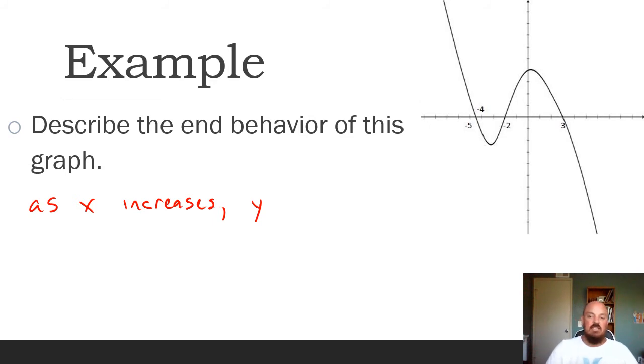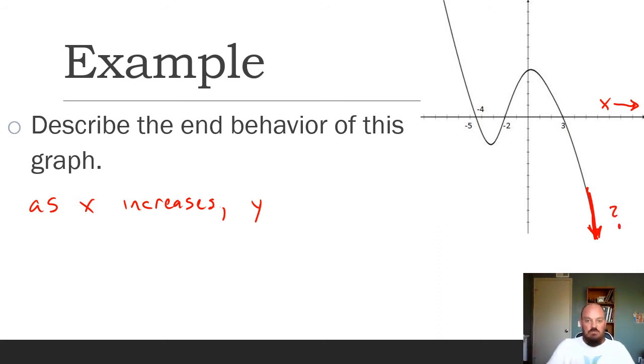Now remember, the x-axis is the horizontal axis. So when I say x increases, what I mean is we're going this way on the x-axis. That's why it's the right end behavior. As x gets bigger and bigger, you're talking about what's happening to the graph way off to the right. So the end behavior to the right is saying what's happening to this end of the graph right here.